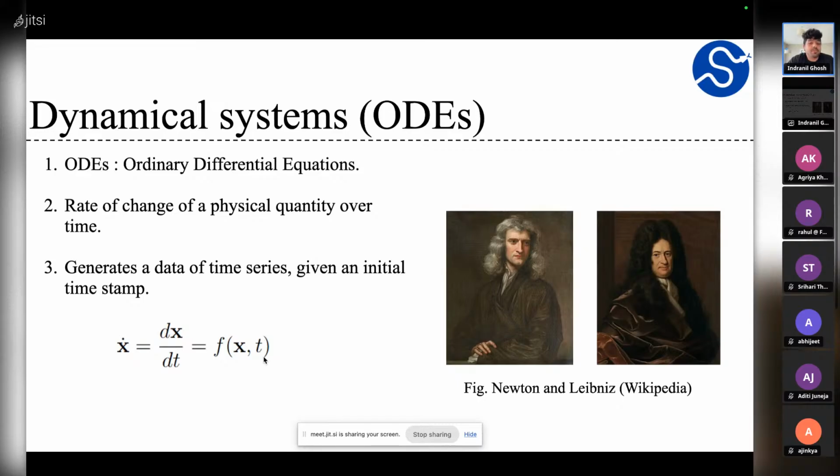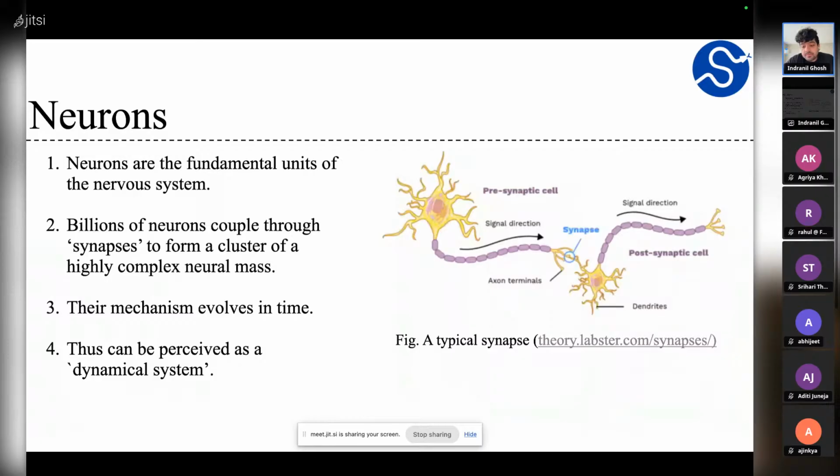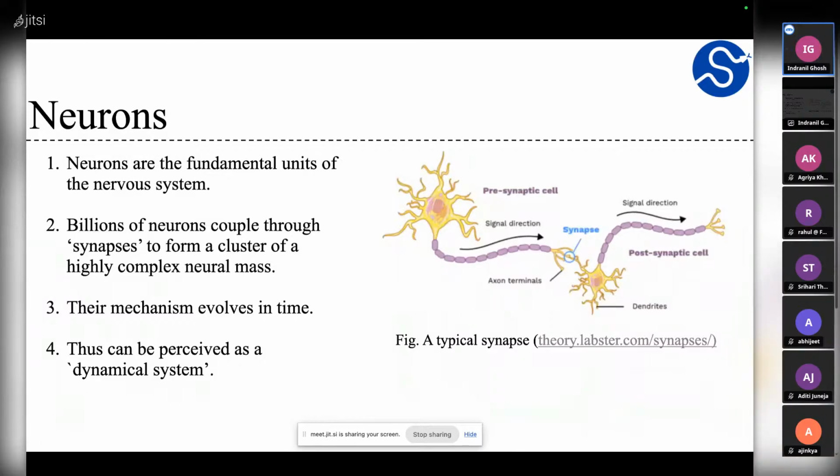They set up a problem, model the system using differential equations, and try to figure out what f is. However, mathematical modeling is a bit tricky. As George Box said, every model is wrong, some models are useful. People have been trying to model the behavior of neurons using ODEs for a long time. I'll talk about that shortly.